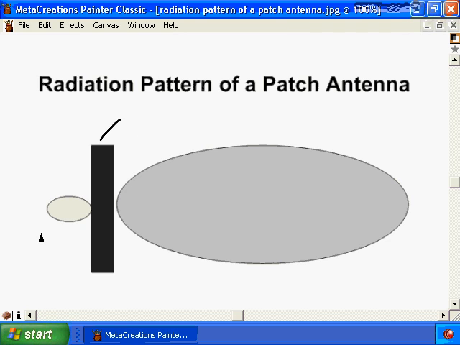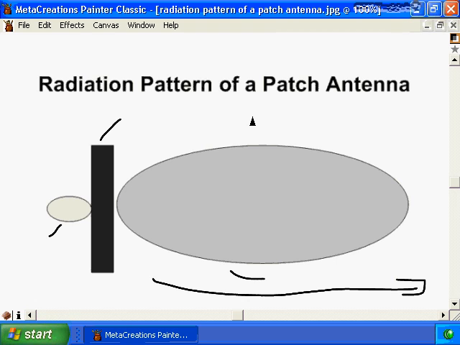And we have a little bit of a minor lobe coming out the back here, but this is the major lobe in the forward direction of the patch antenna. So in contrast to a Yagi antenna, which has a radiation pattern in a cone shape, this radiation pattern in more of an oval or an egg shape still gives us forward direction for emitting the radio frequency energy from the antenna.